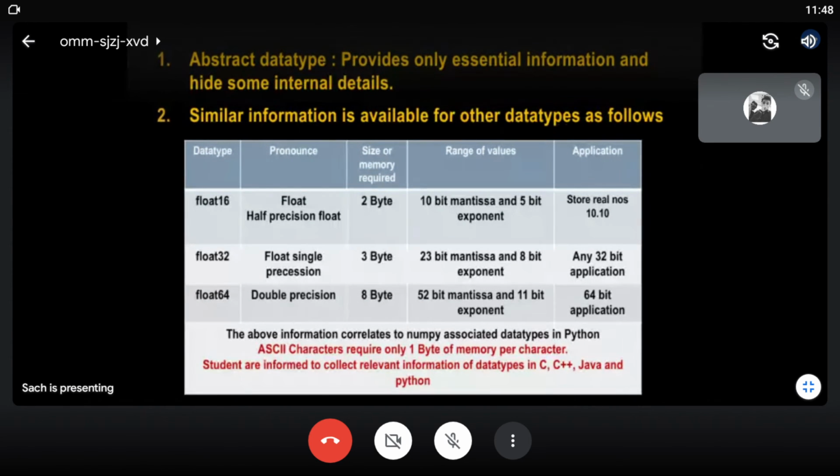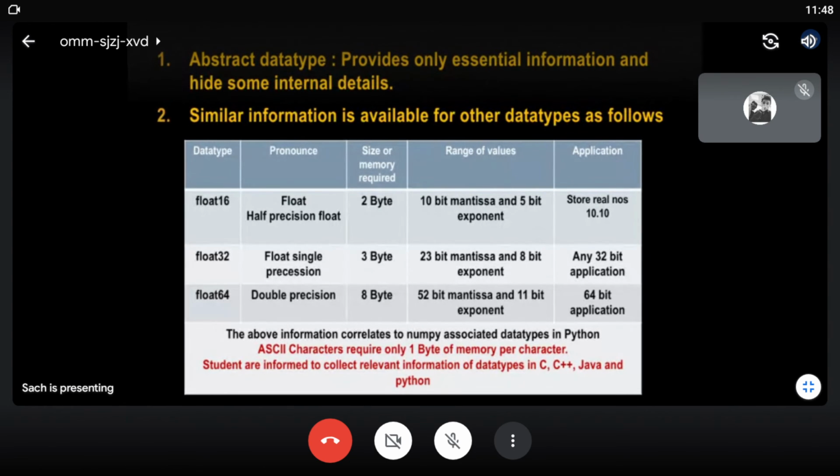So it is 3 bytes and not 4 bytes. Similarly, we have float 64, which is also called double precision float, and size is 8 bytes, which stores the data in the range of 52-bit mantissa and 11-bit exponent, which is quite suitable for 64-bit applications.